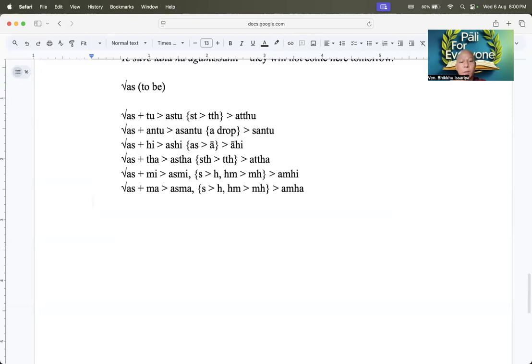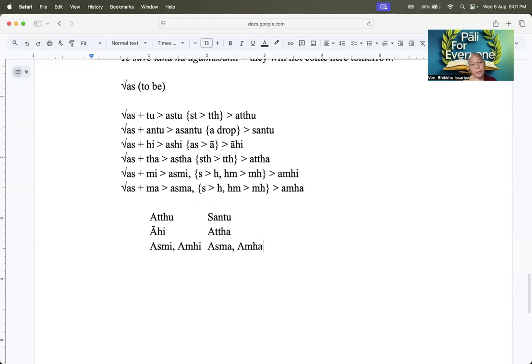That is why this root is like the at to, and then san do, he, at ta, asami, me, and then asama, and the ma in this way can be understood.